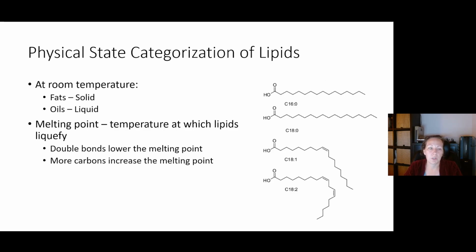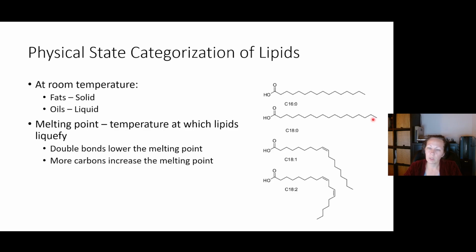So to just kind of demonstrate the level of melting point differences here. This right here is 16 carbons with 0 double bonds. This is palmitic acid, and its melting point is 63 degrees Celsius, or 145 degrees Fahrenheit. This next one with 18 carbons is stearic acid, and its melting point is just 7 degrees higher at 70 degrees Celsius, or 158 degrees Fahrenheit.